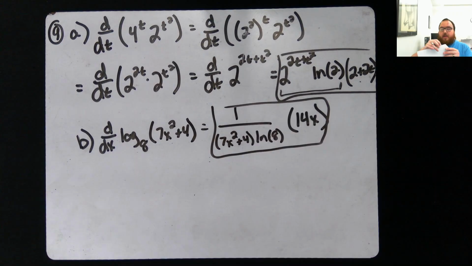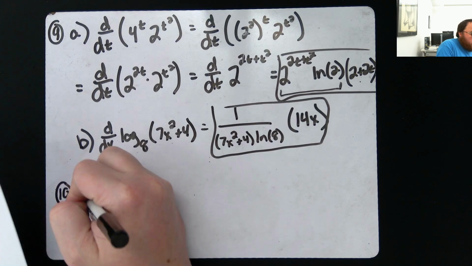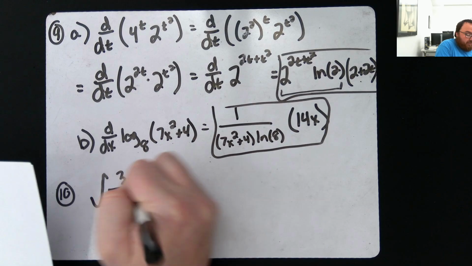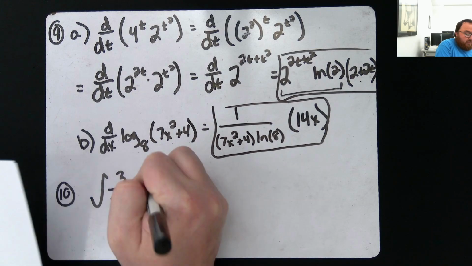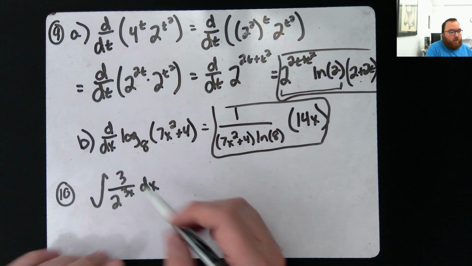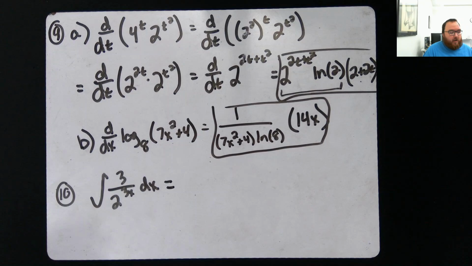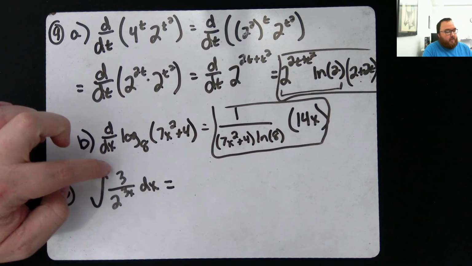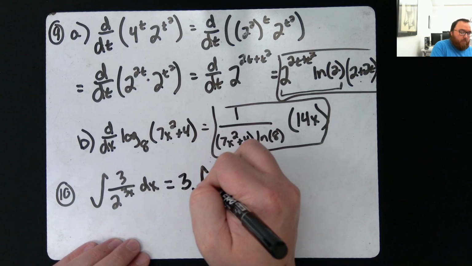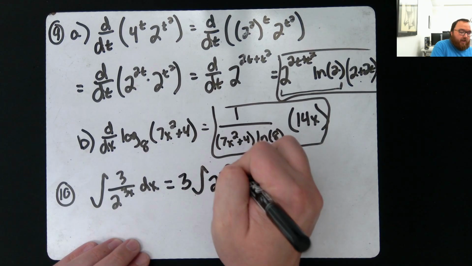Example number 10 has us doing an integral. Integral of 3 over 2 to the 3x dx. So once again, I like writing these with everything in the numerator. So let's rewrite it like that. Let's bring a 3 out front. 3 integral, that would make it 2 to the negative 3x dx.